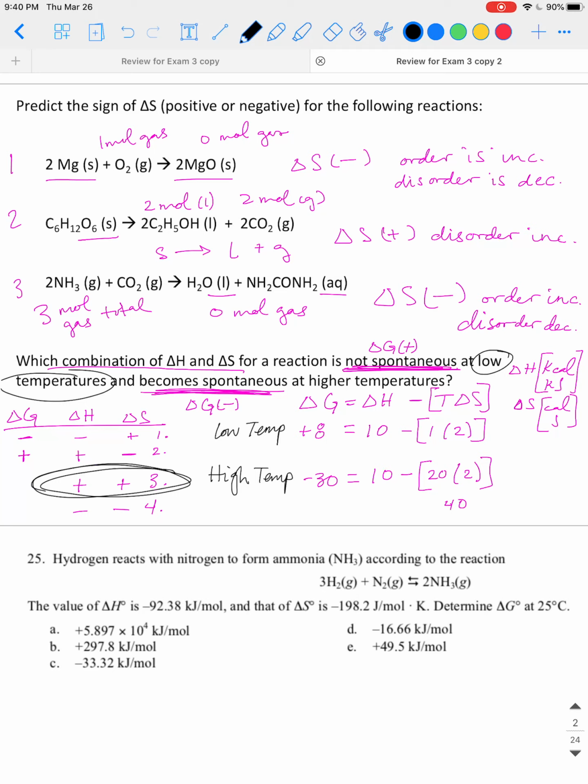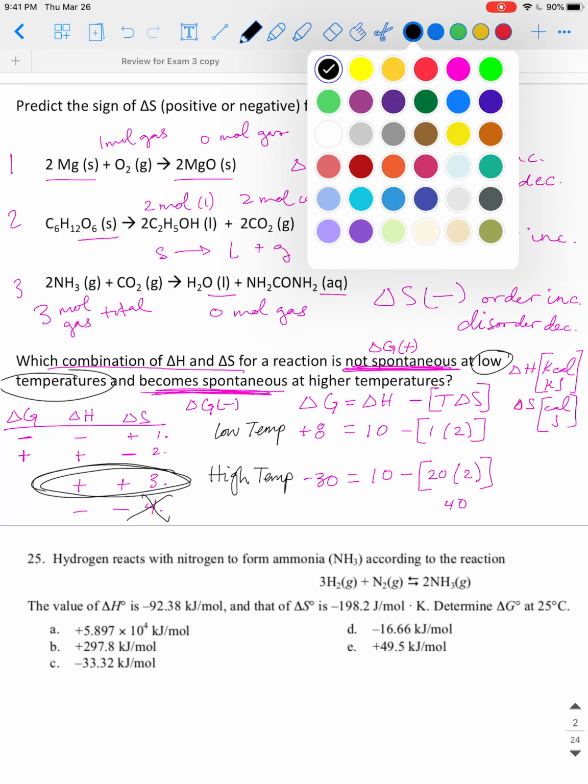Positive and positive gives a scenario where at low temperatures we have a positive delta G, and at high temperatures we end up with a negative delta G. So that's the answer to this question. The combination it's looking for is a positive delta H and a positive delta S. We don't even have to play out scenario row 4. All right, let's move on to the next question.